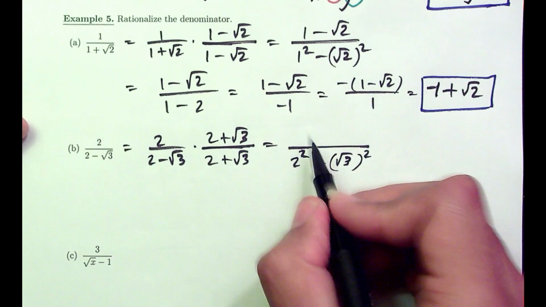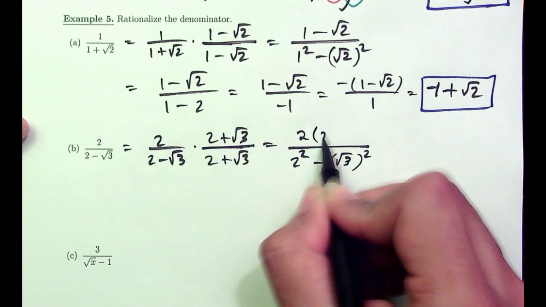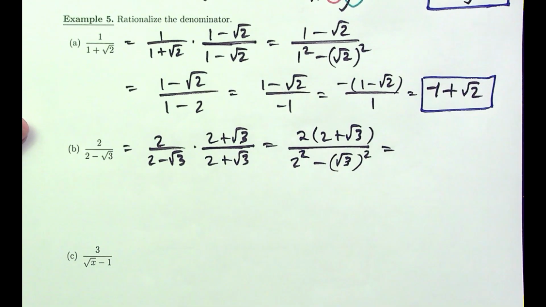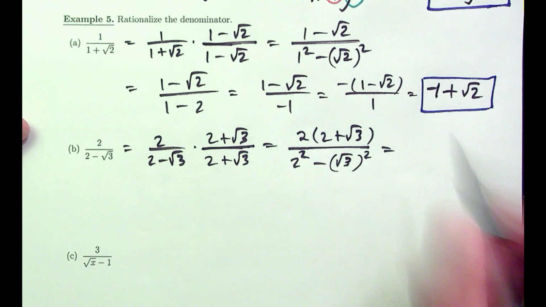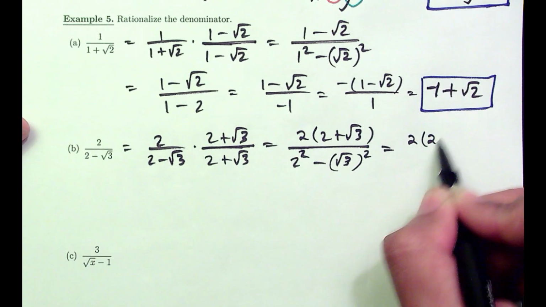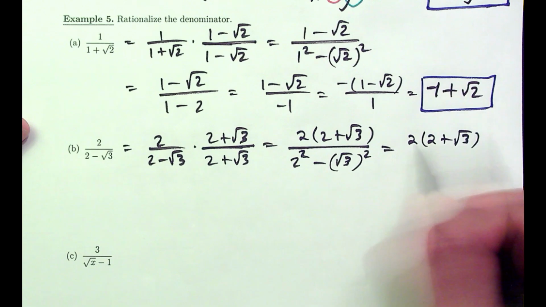And then you multiply across the top. So 2 times 2 plus square root of 3. Okay, let's see what we get here. So this is 2 plus square root of 3, so I haven't done anything to the top at all.